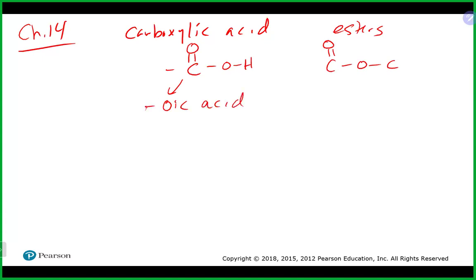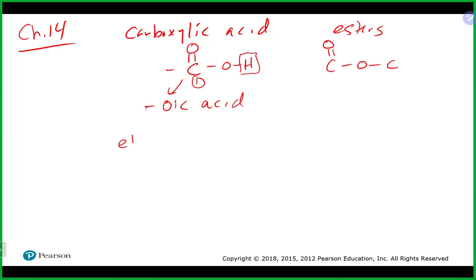So you kind of drop the A off of the alkane and go oic acid. Much like the aldehyde, it does have the hydrogen here at the end, which means that functional group will always have to be at the end of the molecule. So you do not need to give the location in terms of the name. But in terms of numbering, this will always be carbon number 1.